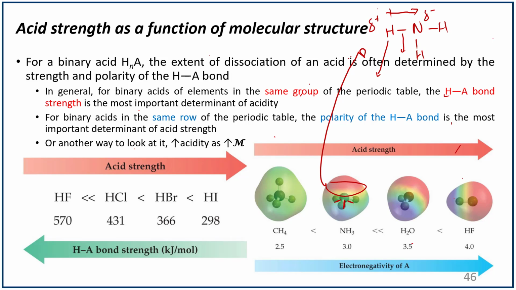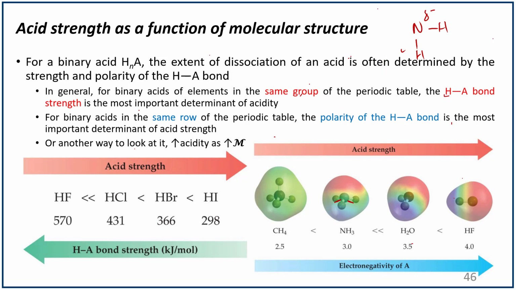Okay, and then we continue the trend with water. Water is more acidic than ammonia, just because an OH bond is more polar than an NH bond. And then finally, we have hydrofluoric acid. Hydrofluoric acid is actually the most acidic among these four because the hydrogen-fluorine bond is very polar. Okay, just because fluorine again is the most electronegative element.